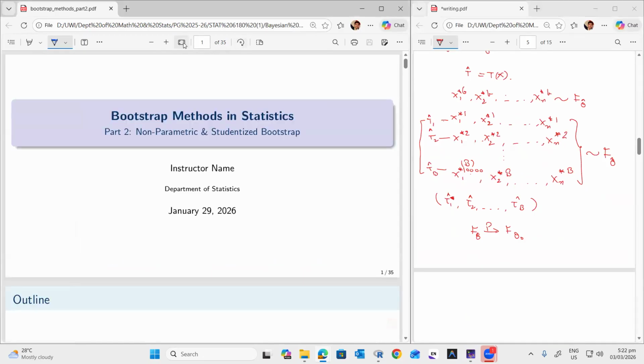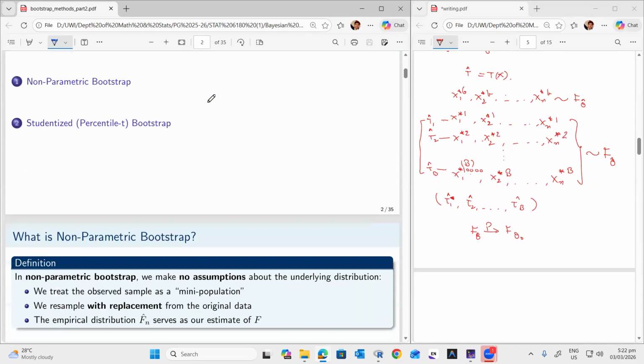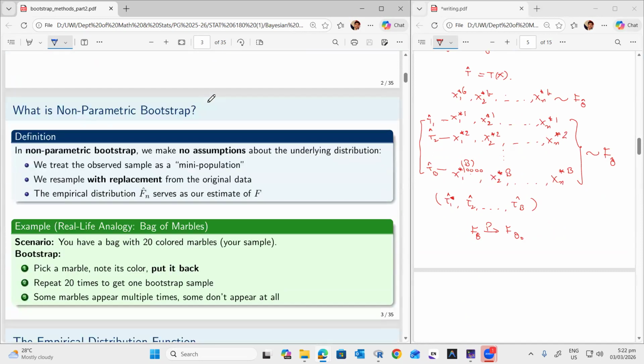So here we will discuss the bootstrap methods in the non-parametric case and the studentized bootstrap. Okay, so the studentized percentile-t bootstrap is what we will use.